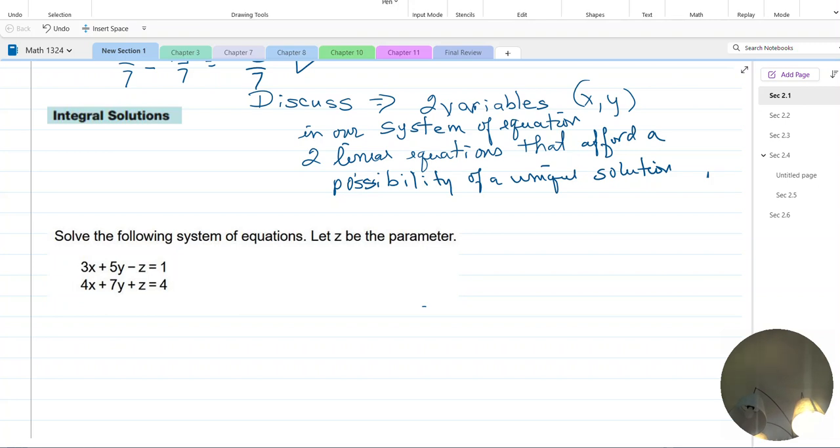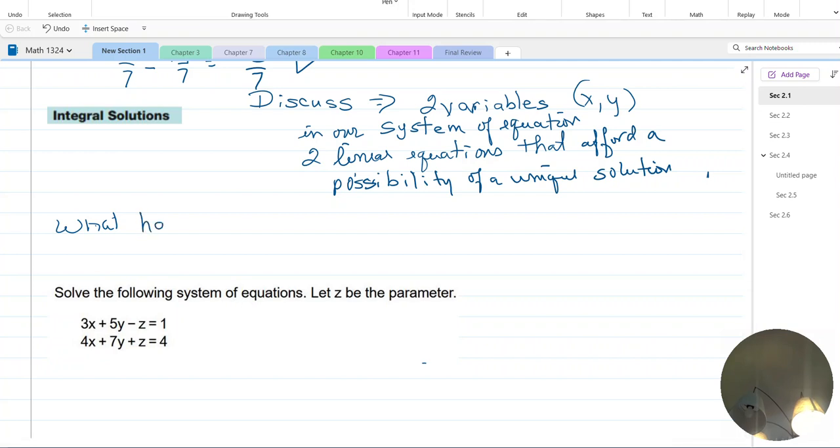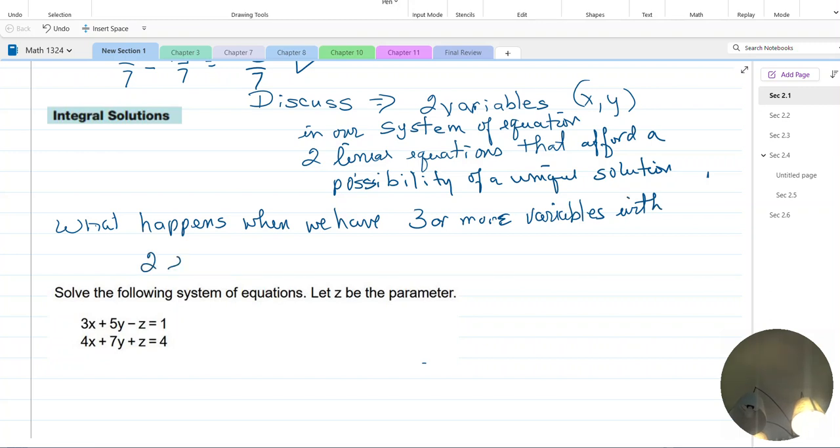Well, what happens when we have three or more variables with two equations in the system?